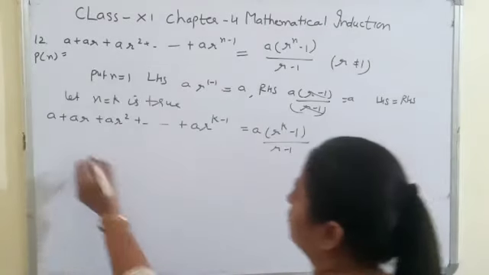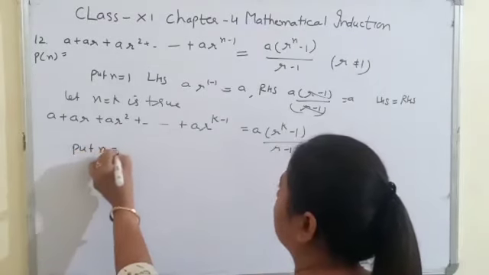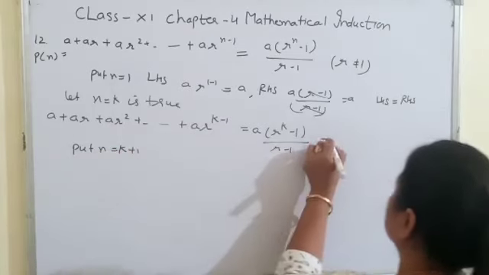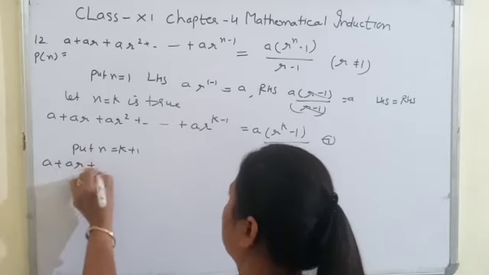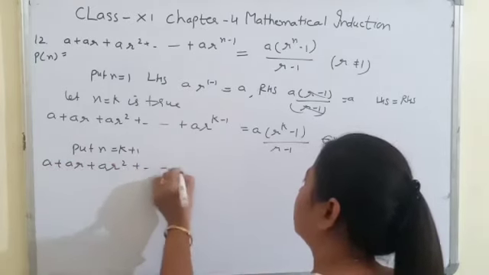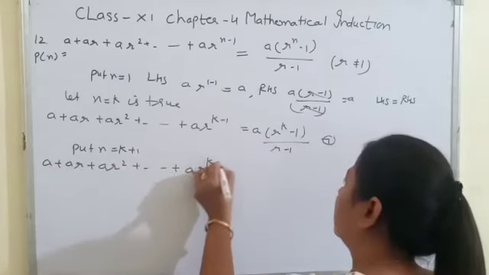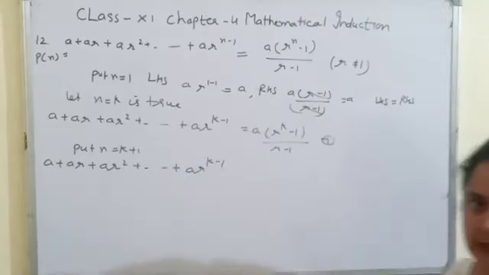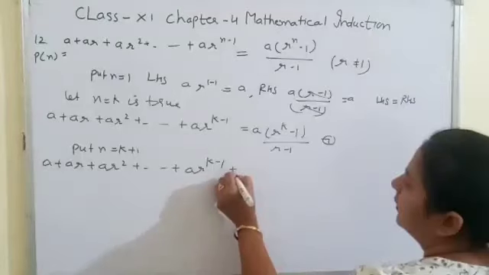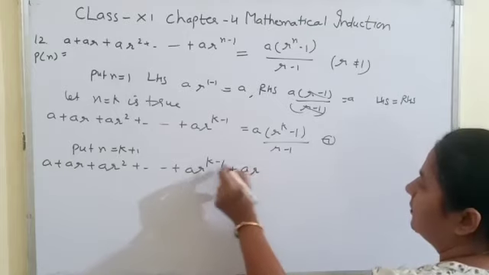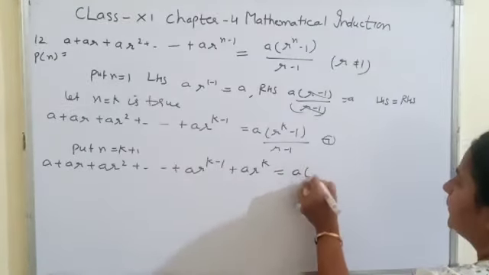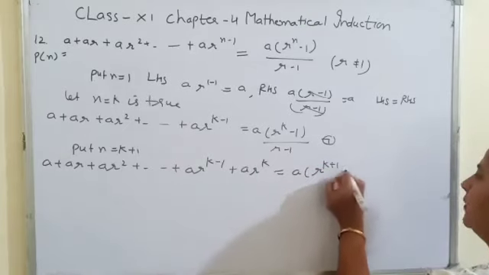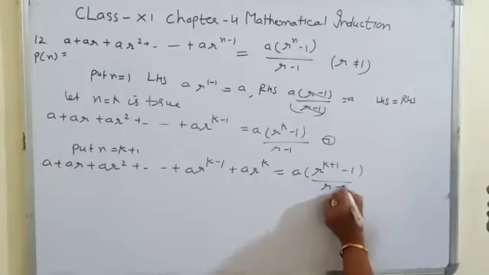Now next, put n equal to k plus 1. This is the first step. a plus ar plus ar square plus ar to the k minus 1. Firstly we will write the second last step, and then ar to the k minus 1, it will become ar to the k, equal to a into r power k plus 1 minus 1 upon r minus 1.